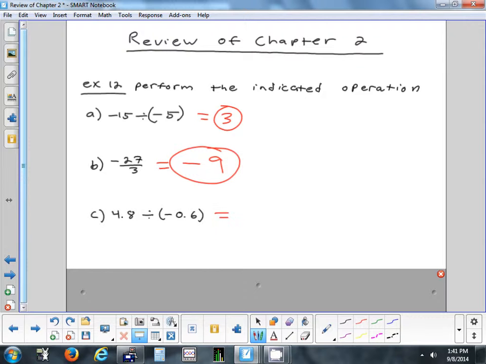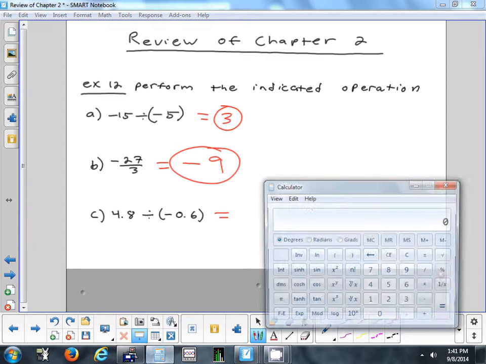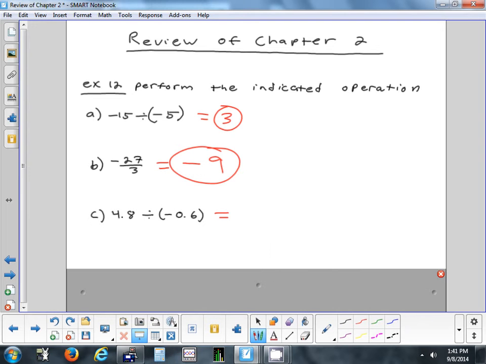Okay, and the last one. 4.8 divided by negative 0.6. Okay, these are decimals. For a problem like this on the test, you can use your calculator, so we're not going to worry about how to do long division with decimals. We're just going to use a calculator. Let me show you how you type it in.